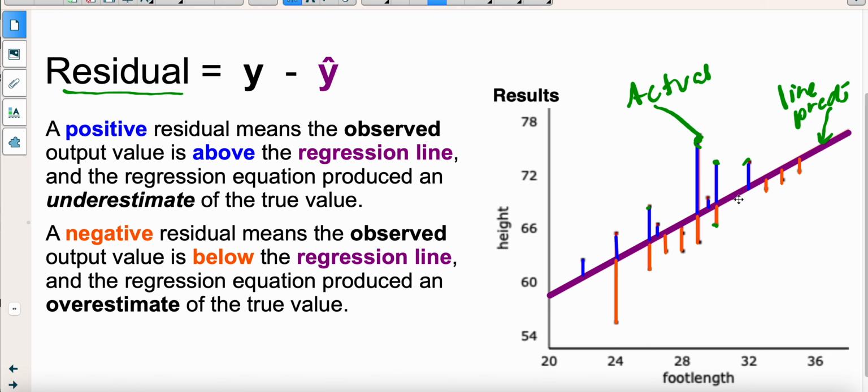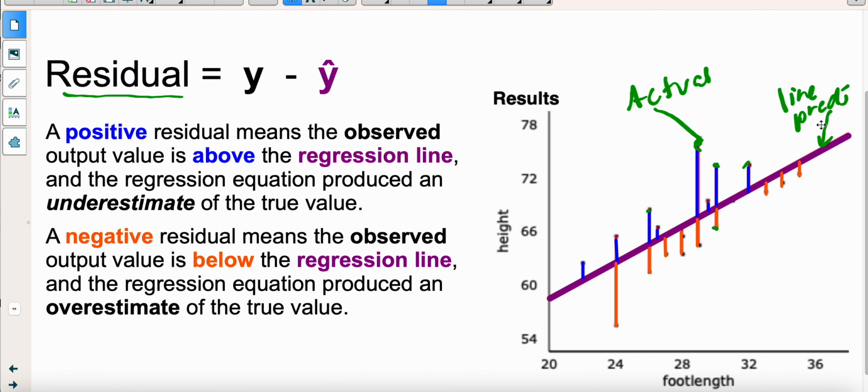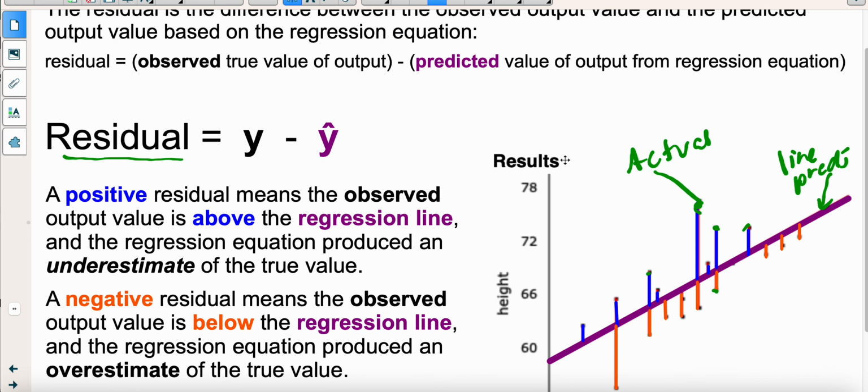It's just a measurement of how well my actual data tracks to this prediction line. So a positive residual means, in this case, here's my actual data. Down here in the purple is what my line predicted. In this case, right, this actual data is above the line.